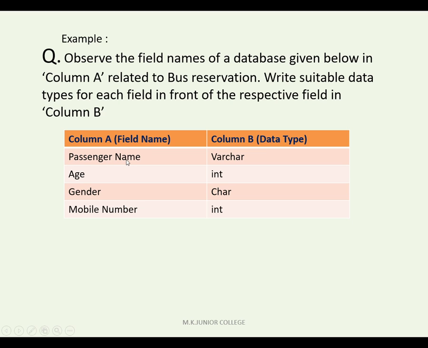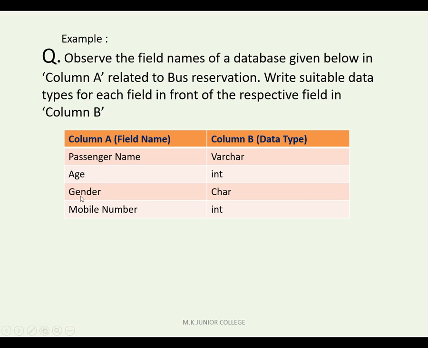Suppose passenger name is a field, so naturally the data type must be varchar. Suppose age is one of the fields, so what can the data type of age be? It will be int. You can't say decimal, so you are going to add integer values. So I will declare the data type for age as int.